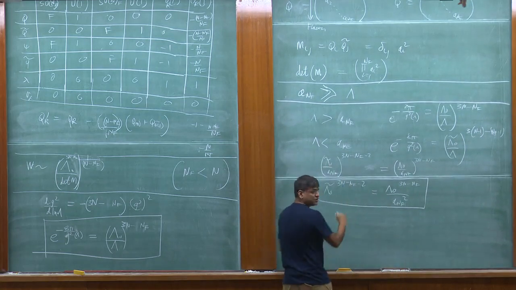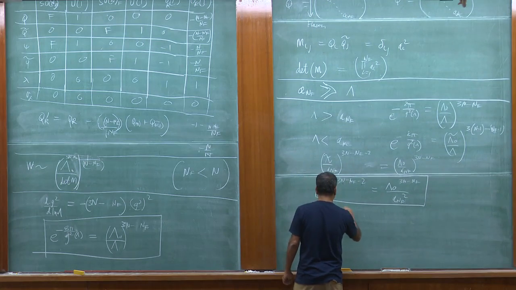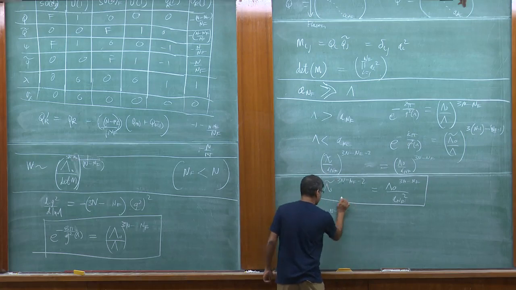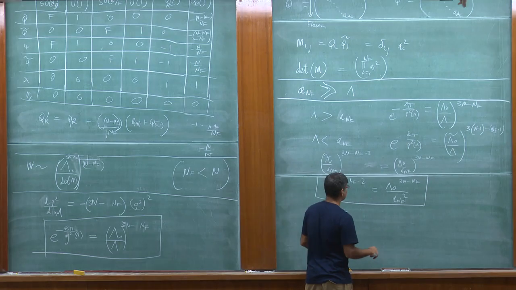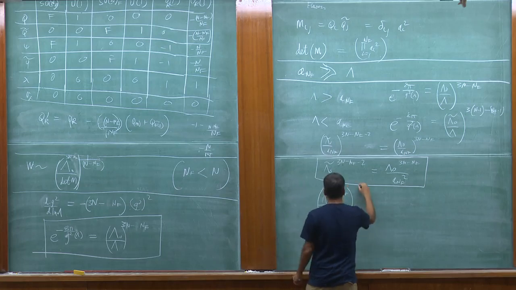We know that the superpotential of the UV theory is lambda naught to the power 3N minus NF, divided by det M to the power 1 over N minus NF.